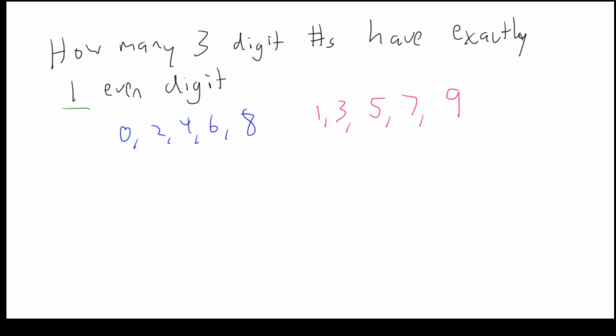So we could have even, odd, odd, or odd, even, odd, or odd, odd, even. So the even digit could either be in the first digit, the second digit, or the third digit.